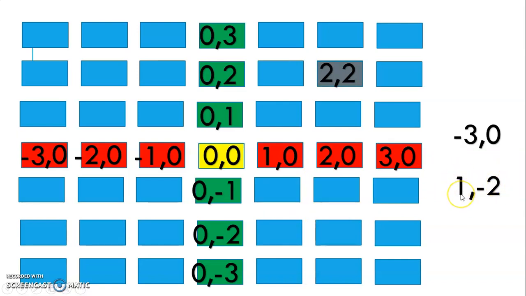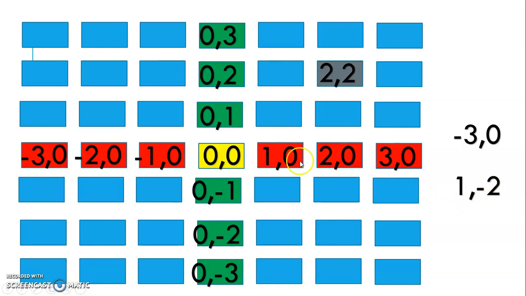The first number is 1, which means the distance from the green line is 1 block, and since this is a positive number, we go to the right of the post office, or the right of 0. So this is somewhere in this block. Now the second digit is -2.